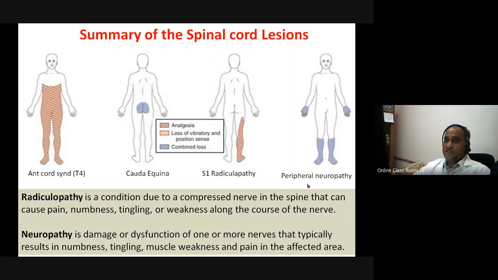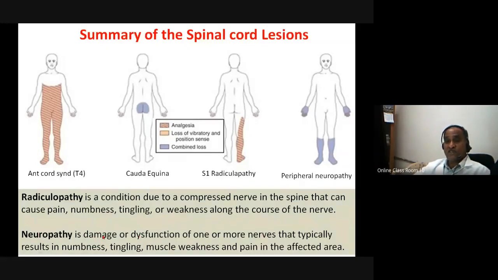Then here is a condition. This I mentioned about, a stocking and glove anesthesia. This is a glove and stocking anesthesia. It is a peripheral neuropathy. This happens because of a number of diseases. Vitamin B12 deficiency is one, and diabetes is another. These are two important things.